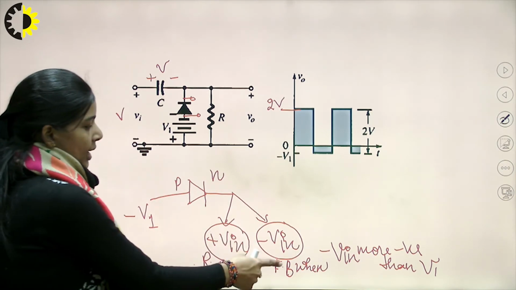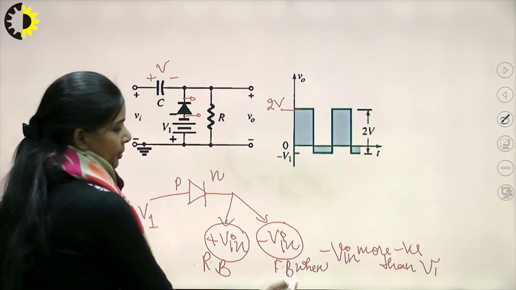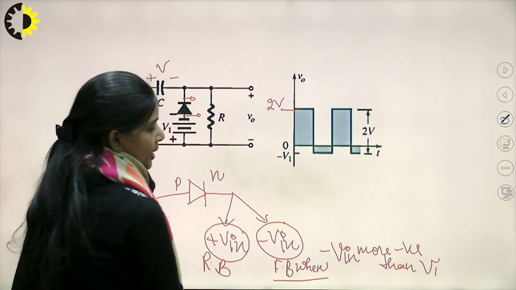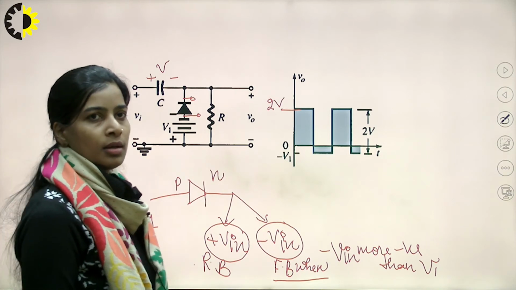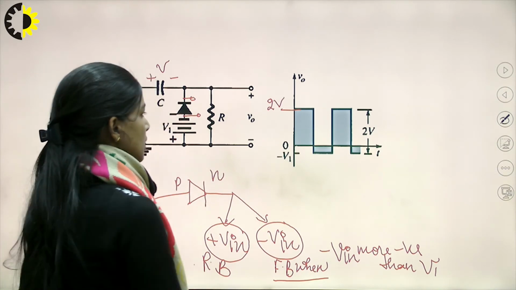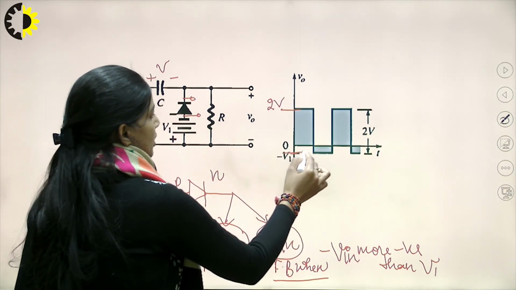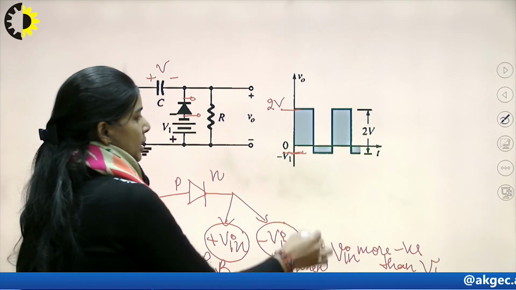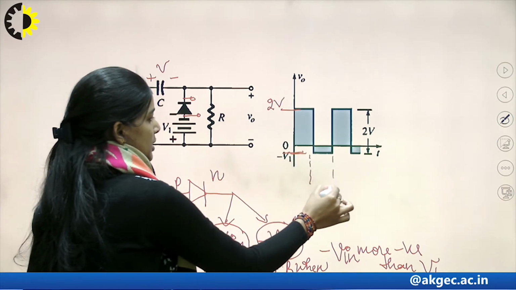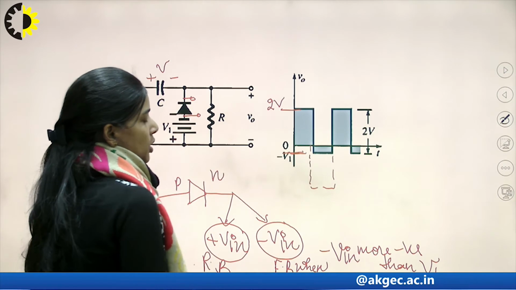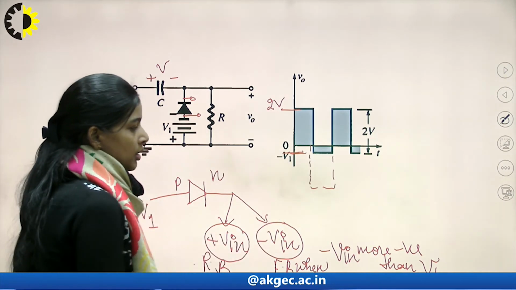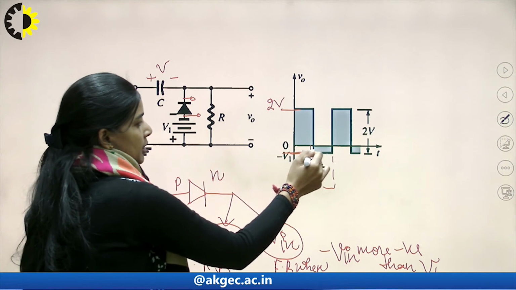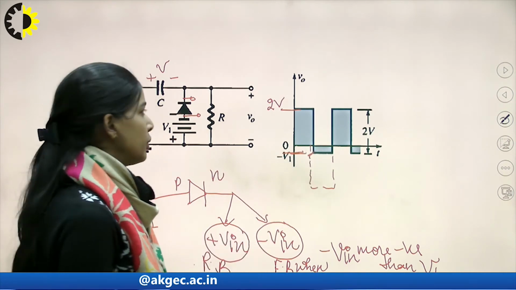In the negative cycle, the diode will be forward biased when V in becomes more negative than minus V1. So this is the minus V1. Beyond this point, V in will become more negative than V1, which means after this point, the diode will become forward biased.